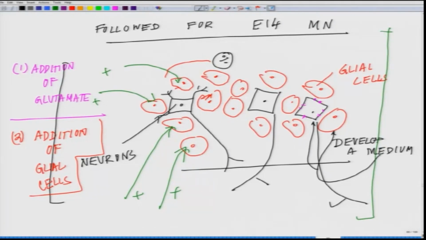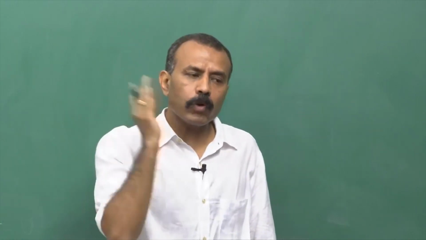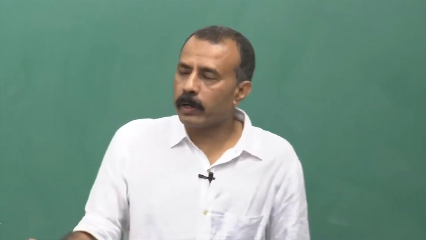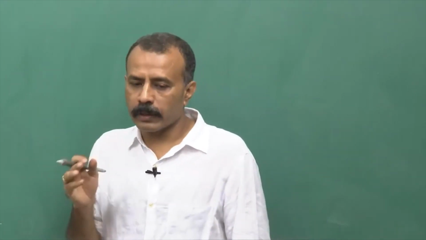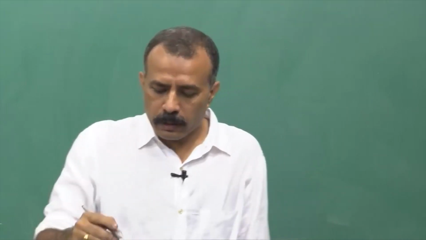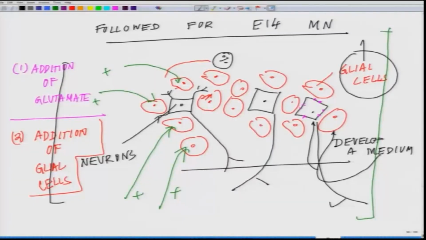So, you have to have a balancing act in terms of the medium you are developing, which will essentially ensure that neither your glial cell number goes so high that it affects the connectivity between the neurons, and it consumes so many nutrients that the neuron gets deprived of nutrients. Second, you have to ensure that the neuron can fully grow and make connectivity on a bed of glia.